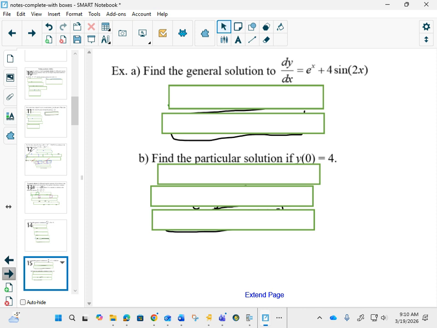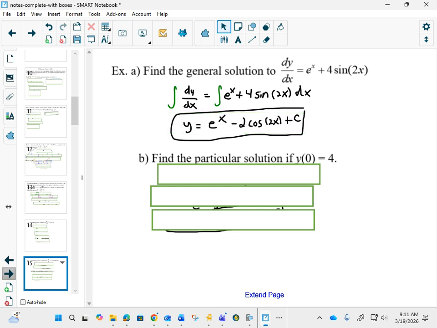When you're asked to find the general solution, that's another way of asking you to find the indefinite integral of e to the x plus 4 sine 2x. So this question is the same as this question. You integrate both sides; the integral of the derivative is just going to be y.